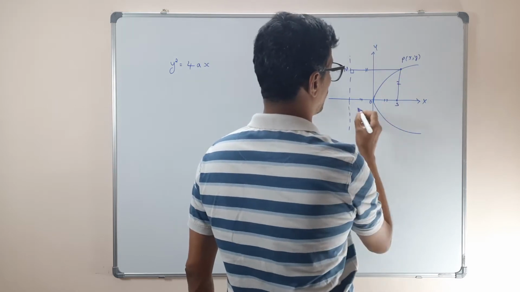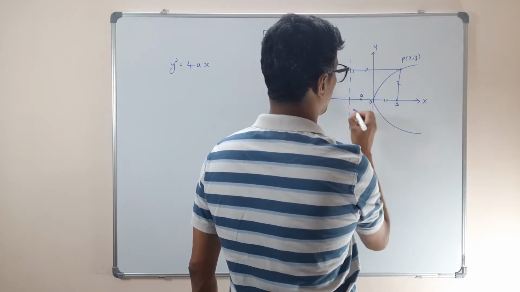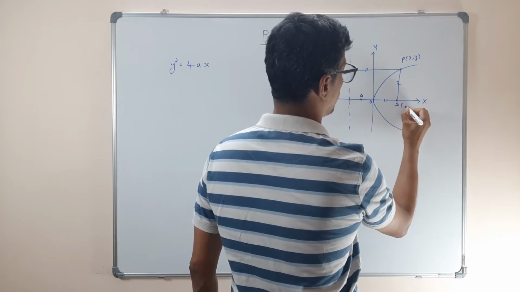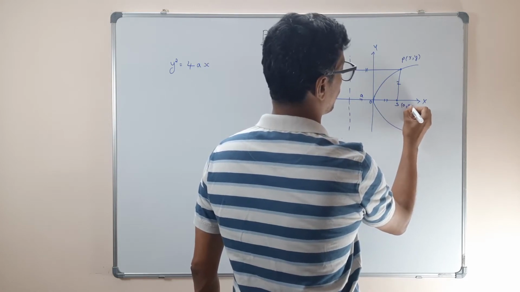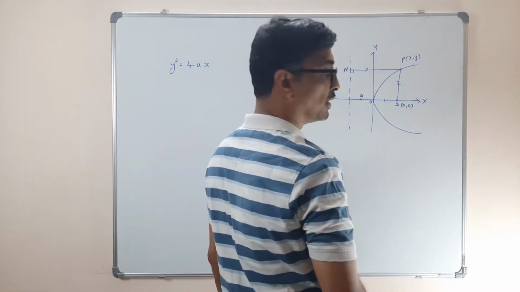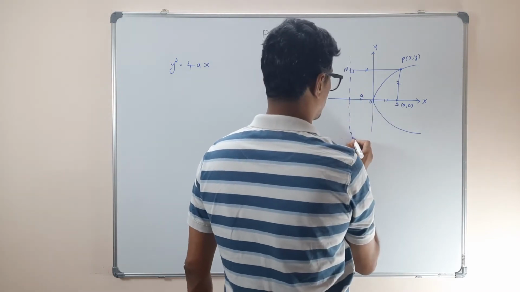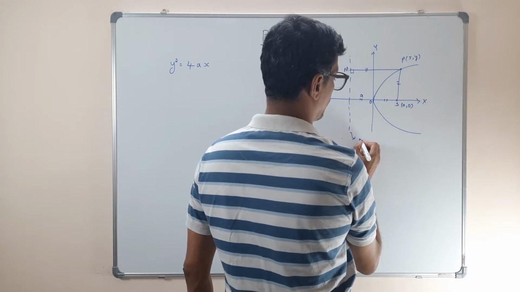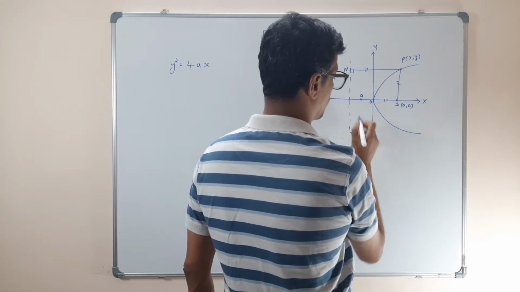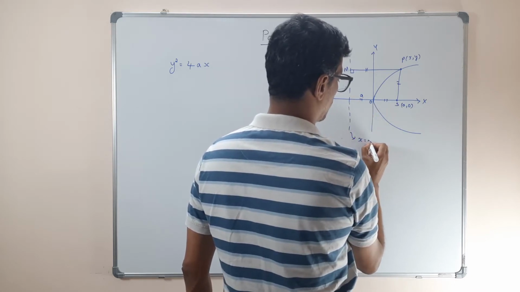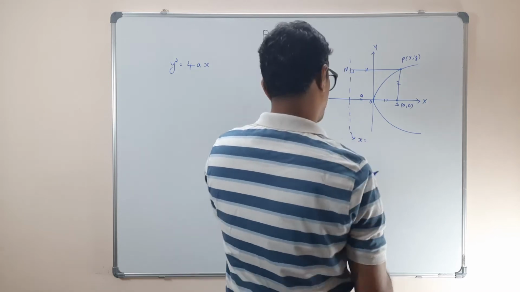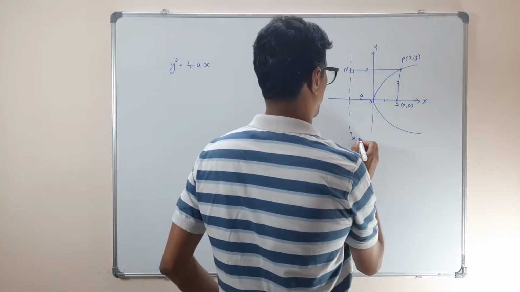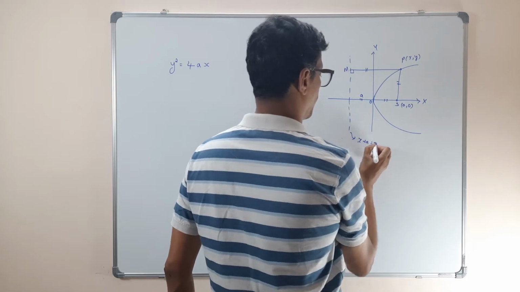If this distance is a, this point is a comma 0. And the equation of the directrix is x equal to minus a, or x plus a equal to 0.